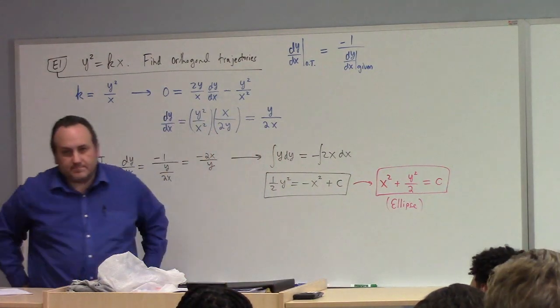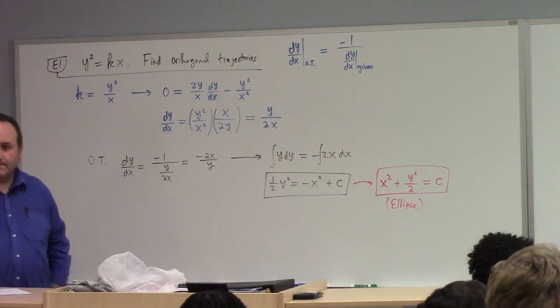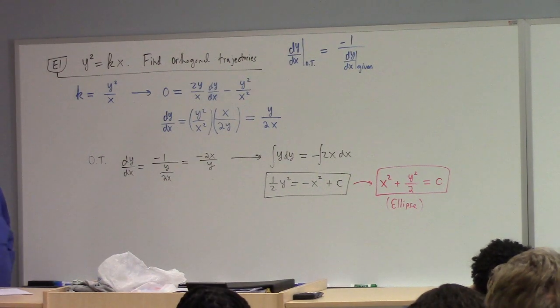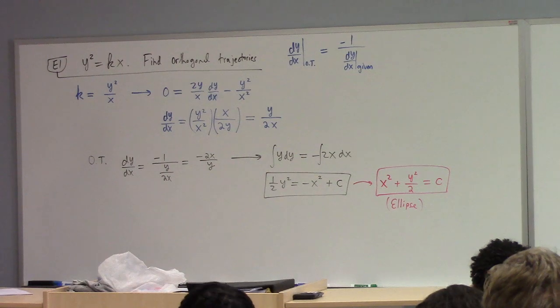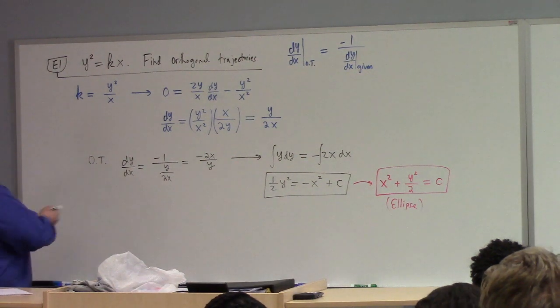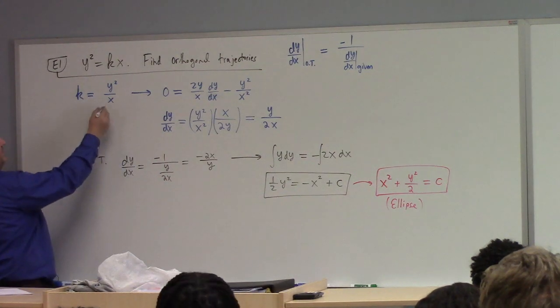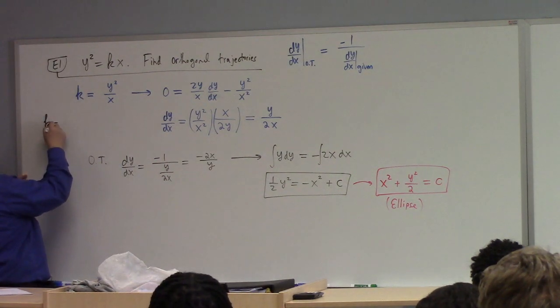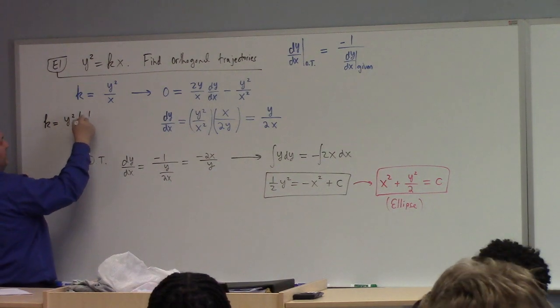Other questions? Yeah. In the first step, how did you get from k equals y squared over x to the 0 equals? Oh, this is a product of functions, right? y squared times 1 over x.